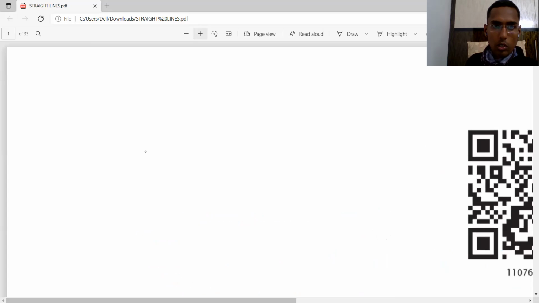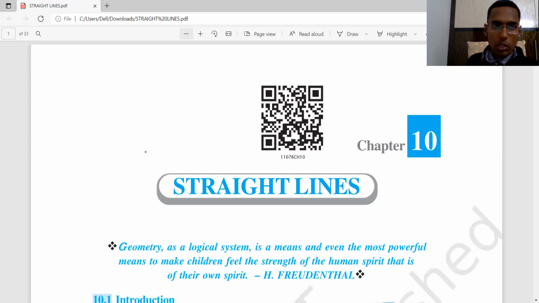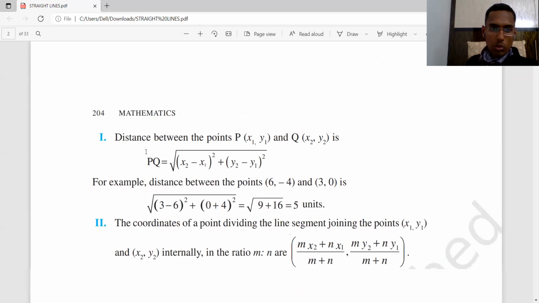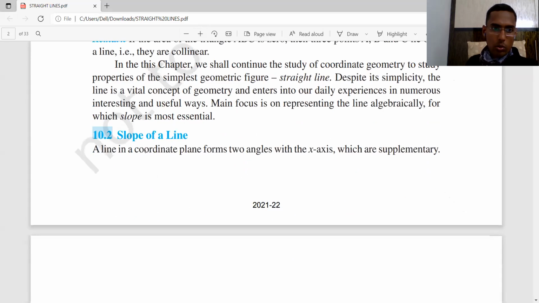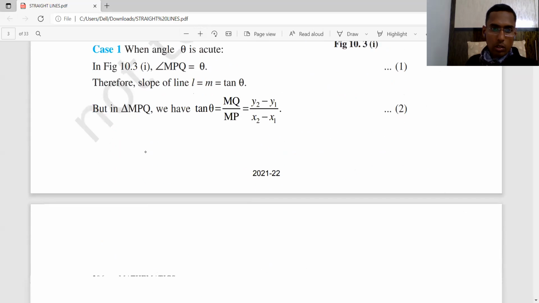I'm opening the straight lines PDF. Are you able to see this? Yes, sir, we can see the PDF. Okay, all right.